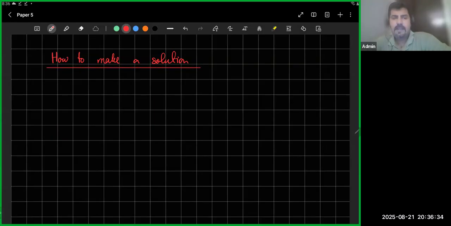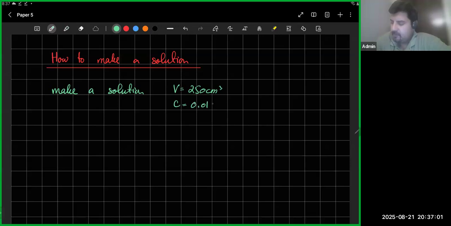For example, I'm being asked to make a solution, and the volume of the solution is 250 cm cube, and the concentration is 0.01 mole per dm cube. I'm being asked to prepare this solution of NaOH.